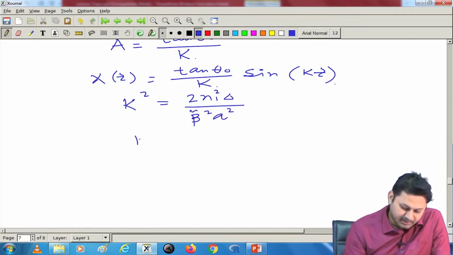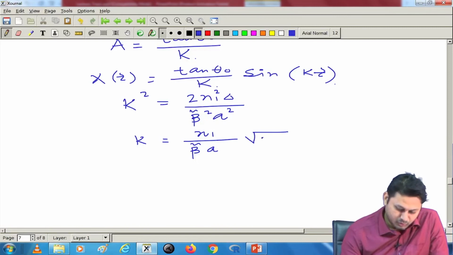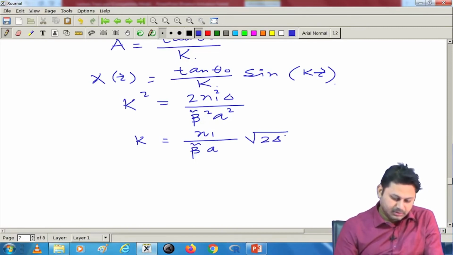So, my k is simply n 1 divided by beta tilde a, then root over of 2 delta. This is my k.